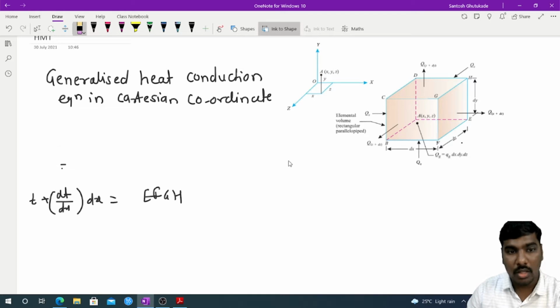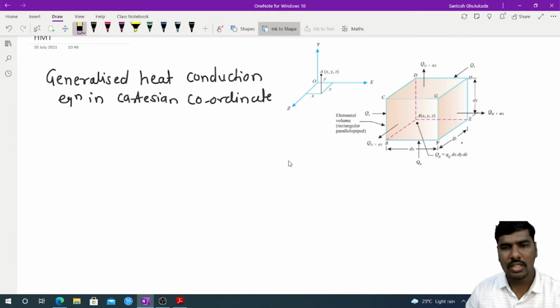So let's start with the energy balance equation. How do we solve this equation? This equation is solved by the energy balance equation.